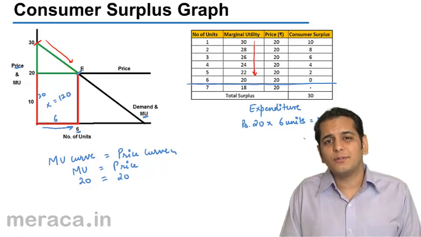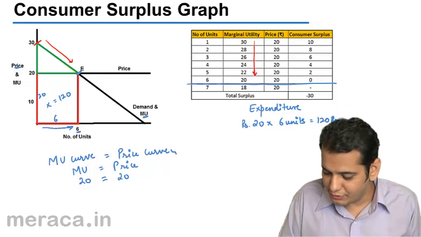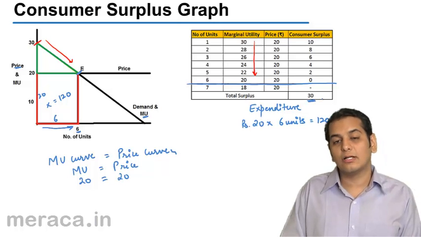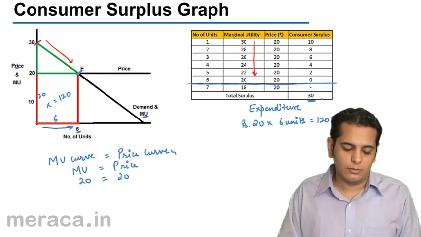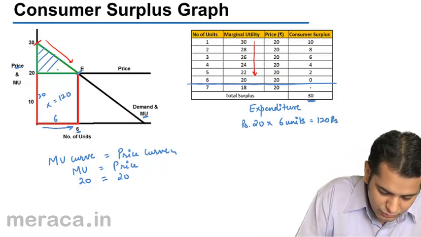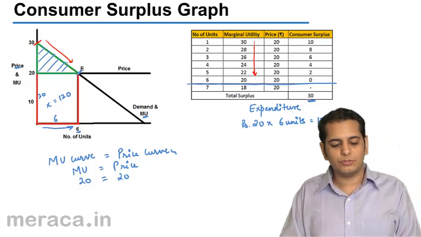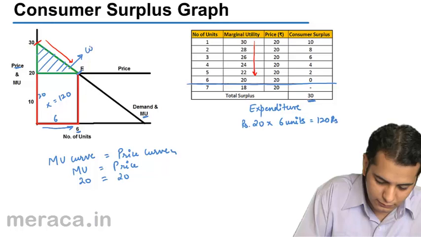Now, how do we calculate consumer surplus with the help of the graph? In the schedule, we have the answer that the consumer surplus is 30. We can shade this portion in the graph as well. This portion is the consumer surplus.